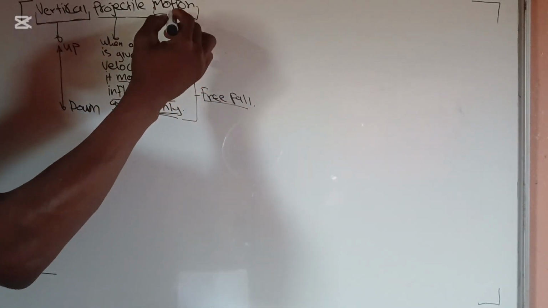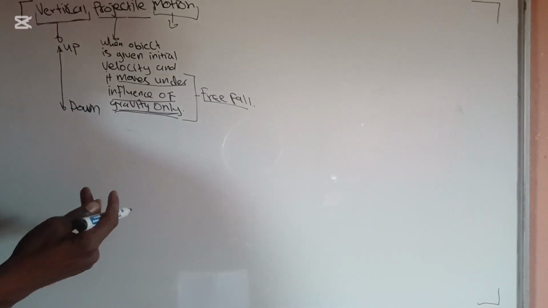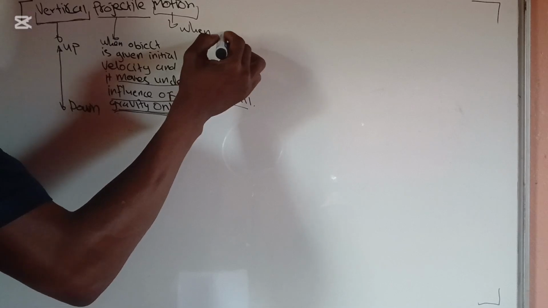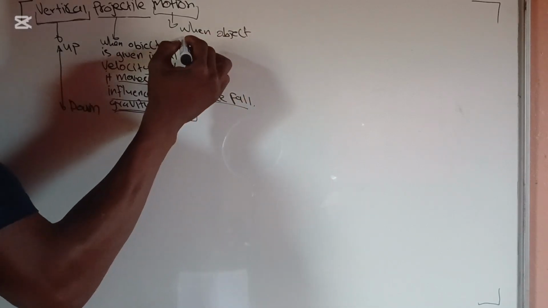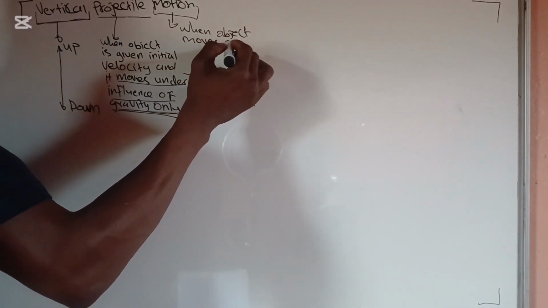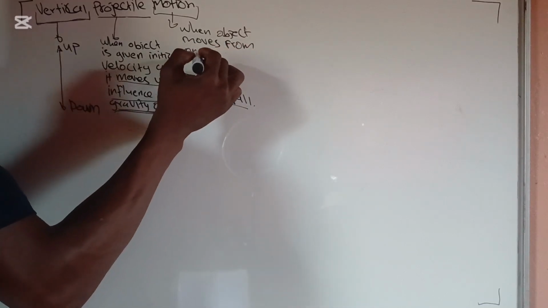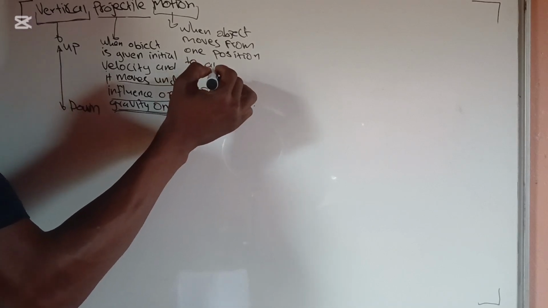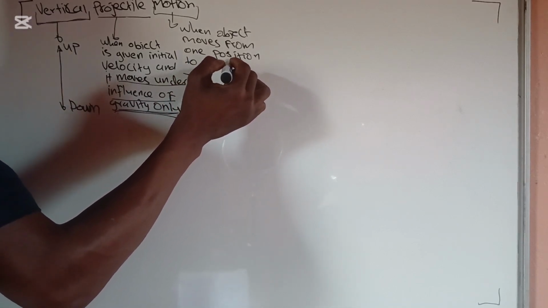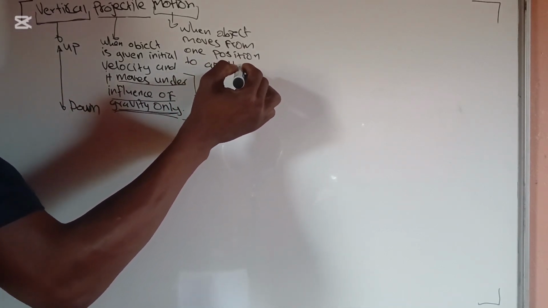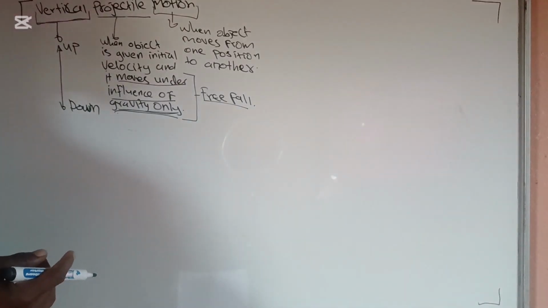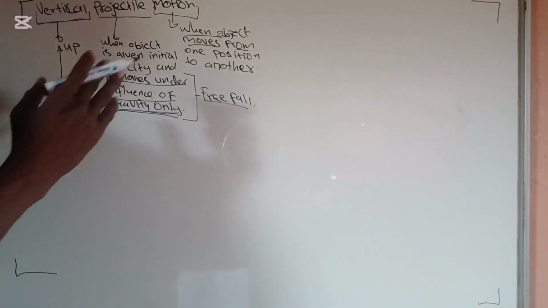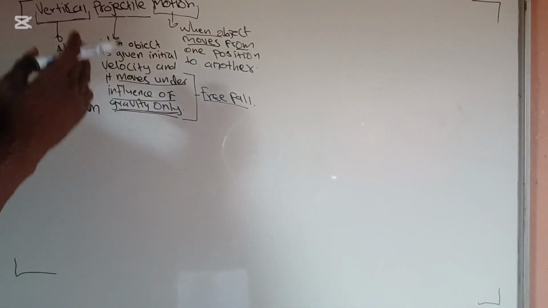Now, motion is when an object moves from one position to another. So obviously, when an object moves from one position to another, that object is in motion.